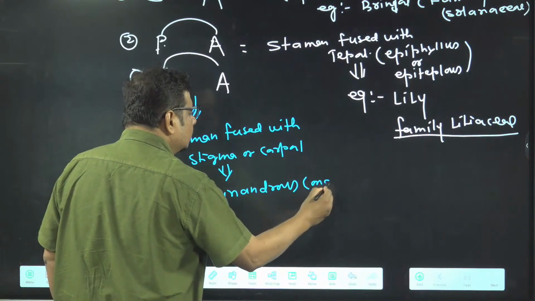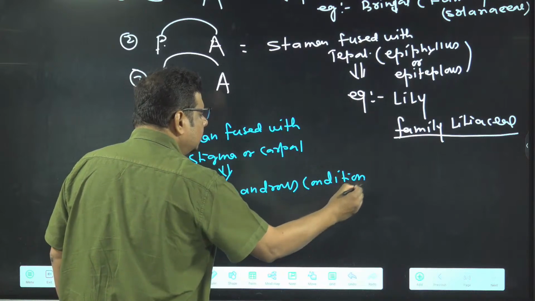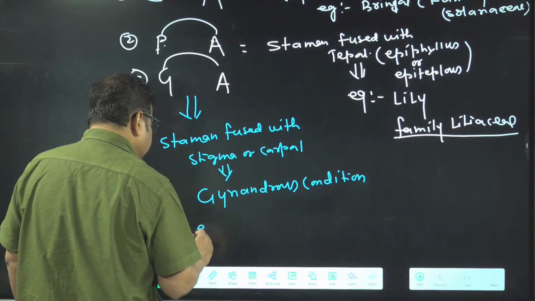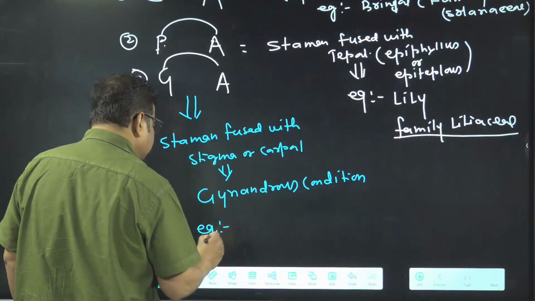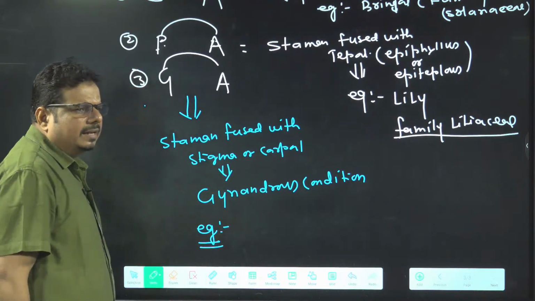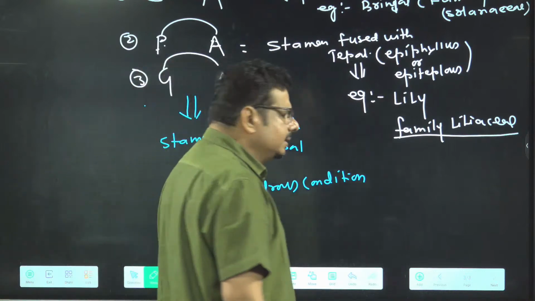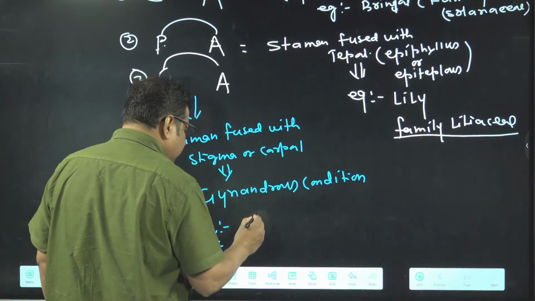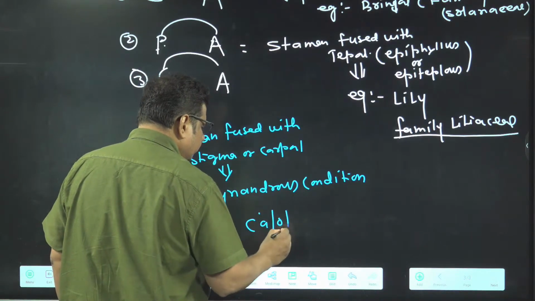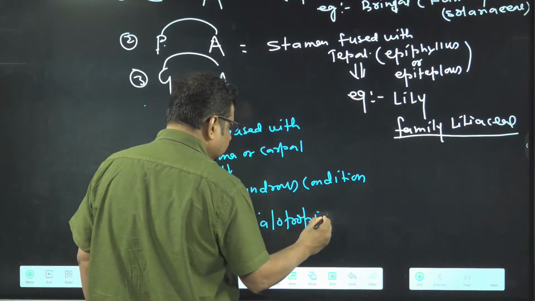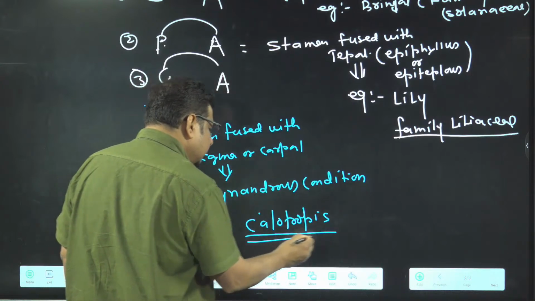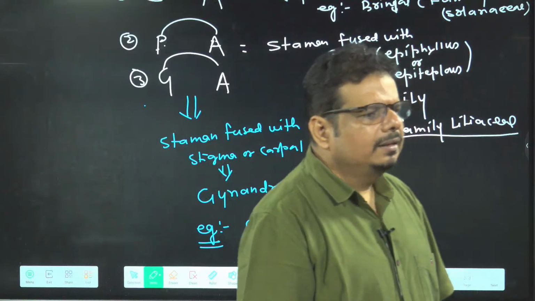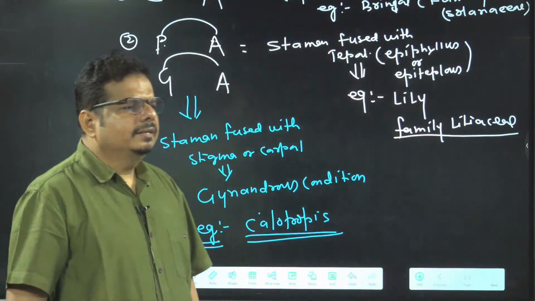Gynandrous condition. You got the meaning of the gynandrous condition? And what is the example of this gynandrous condition? Example of this gynandrous condition is Calotropis. Right? Is it clear?